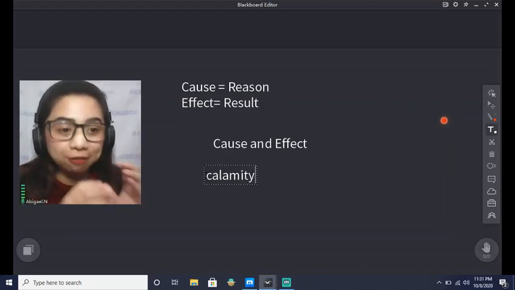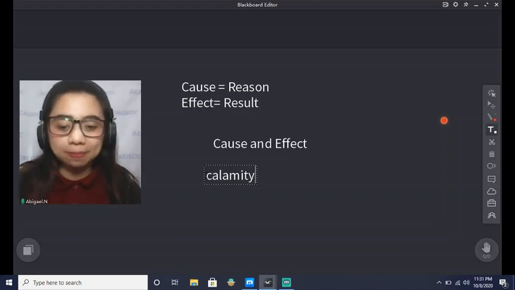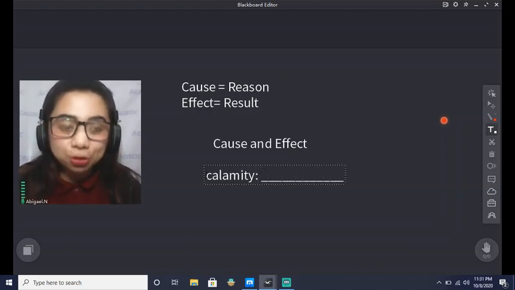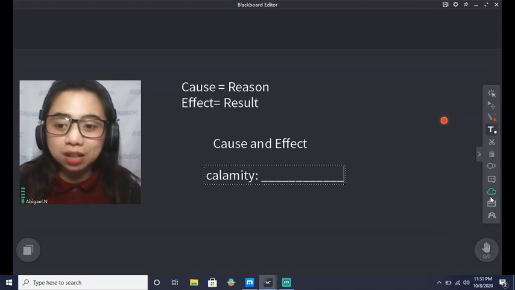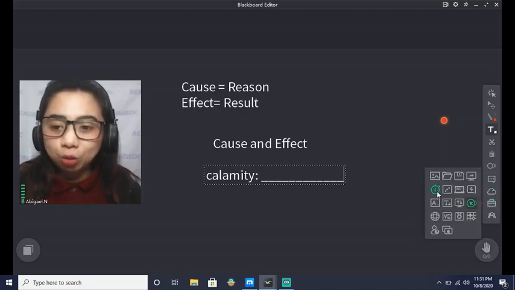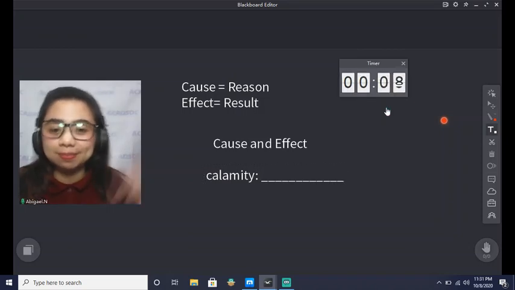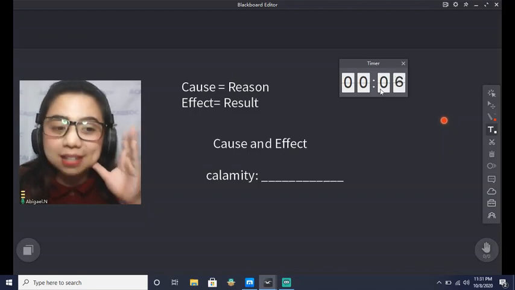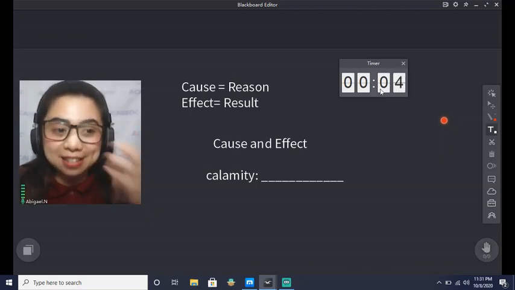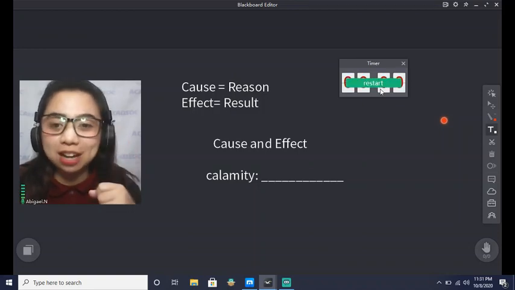What's the effect when there's calamity? I know you have so many possible answers there. I will open my timer again. I'll set it to 10 seconds. Yes, I can imagine how excited you are to answer.